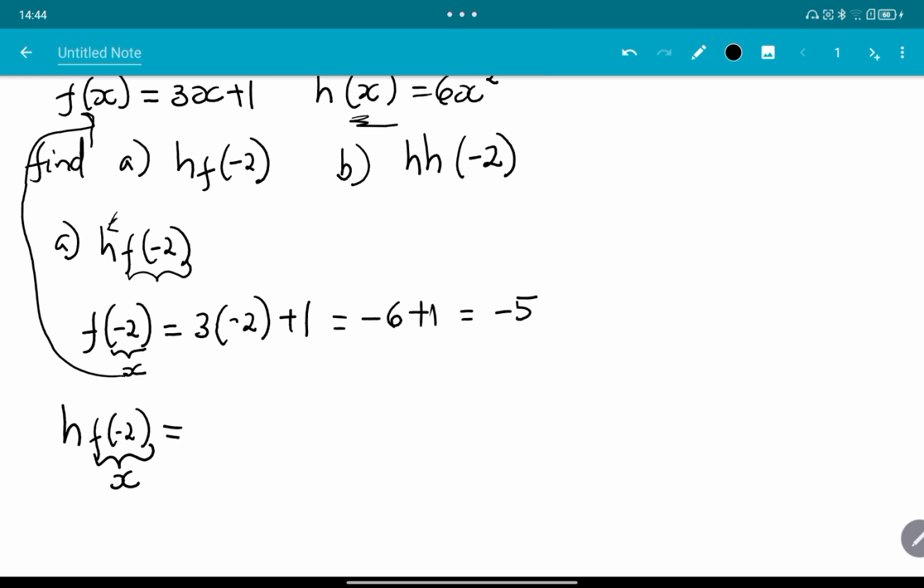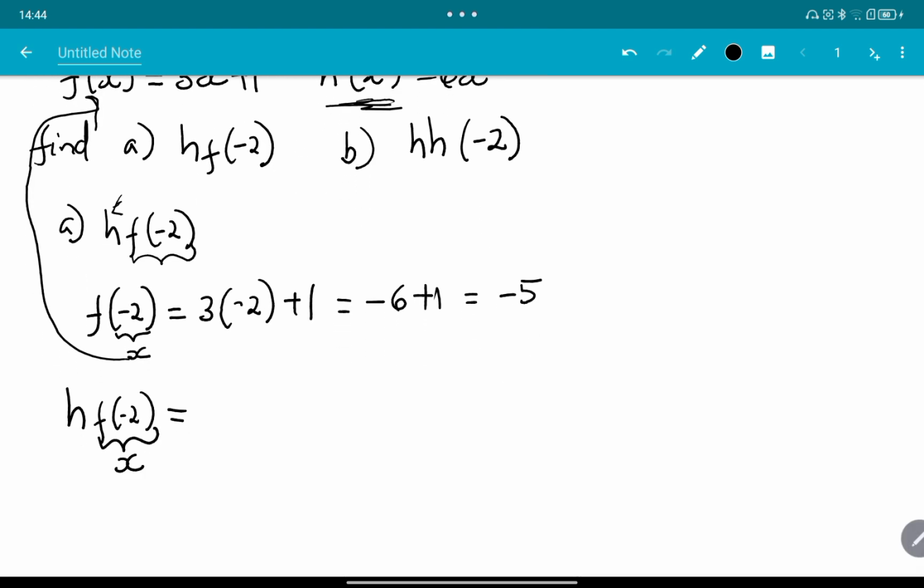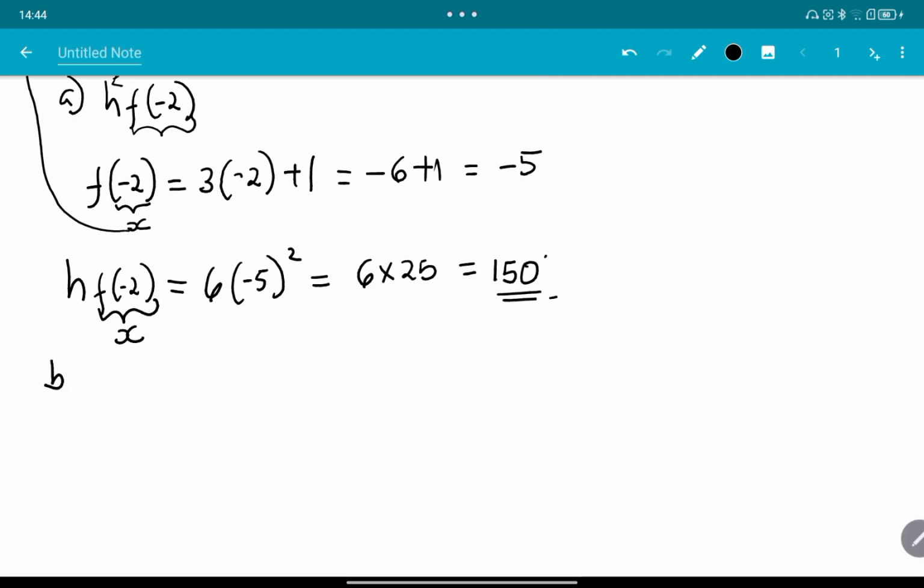So where there is x in the h of x function, we replace it with negative 5. So we'll have 6 into negative 5 squared. This becomes 6 times 25, and 6 times 25 gives us 150. And that becomes our answer for part A.